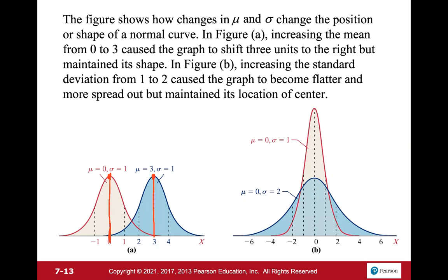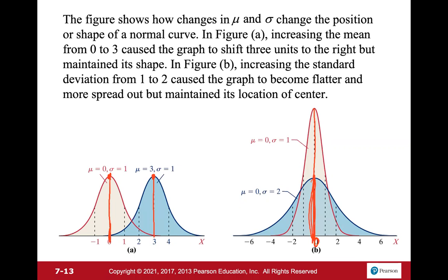Now what changes in figure B? Increasing the standard deviation from 1 to 2 caused the graph to become flatter. Looking at the mean for both of these graphs, the mean is not changing whatsoever, so we're not shifting the graph from left to right.